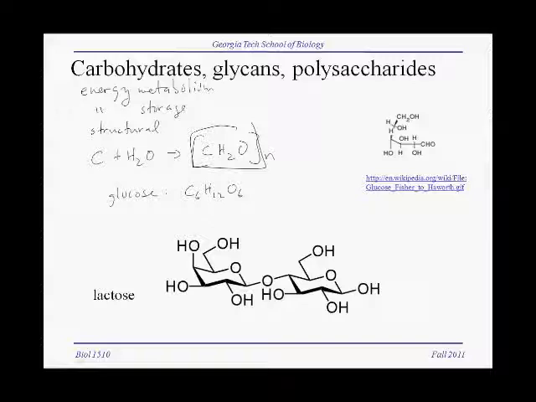As I said, glucose is a monosaccharide. These monosaccharides can be linked together through what are called glycosidic linkages, or glycosidic bonds.